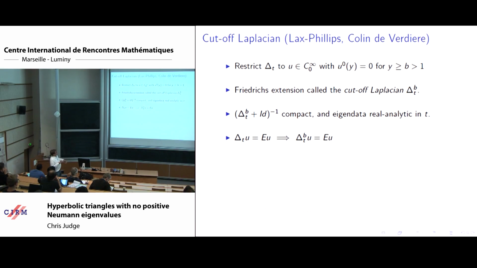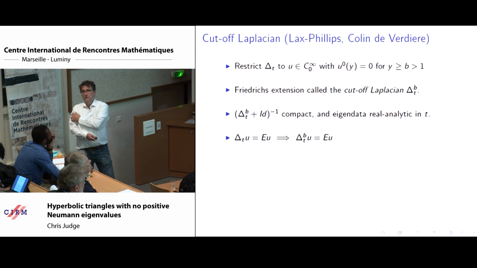That's something we'll use quite strongly. The next thing is, if you have an eigenfunction for the usual Laplacian, since I'm talking about an L2 eigenfunction, then certainly its zeroth Fourier coefficient vanishes to begin with. And therefore it must be an eigenfunction of this operator.